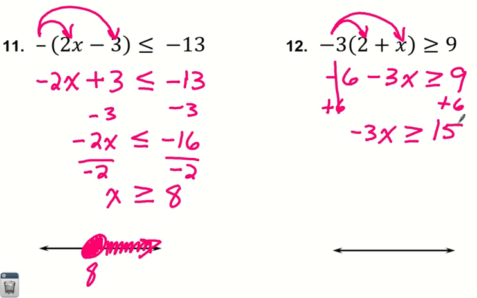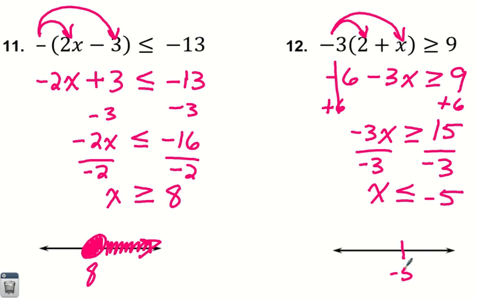That's 15. And wow. Again, we find ourselves dividing by something negative, so that makes this flip. And that's less than now or equal to.